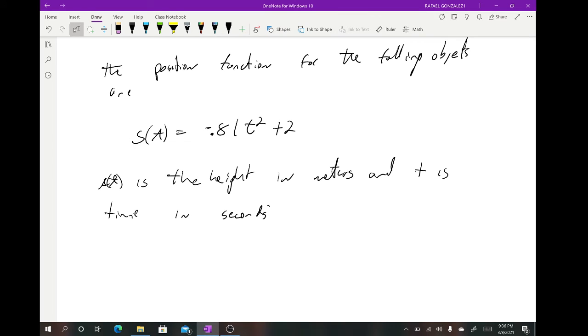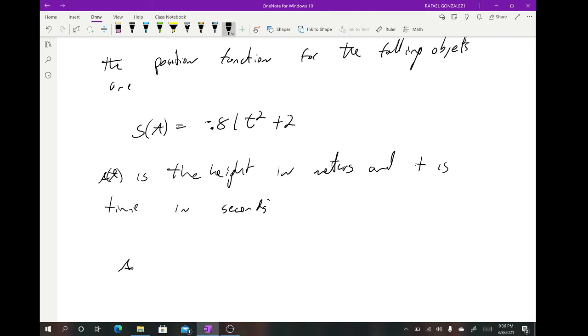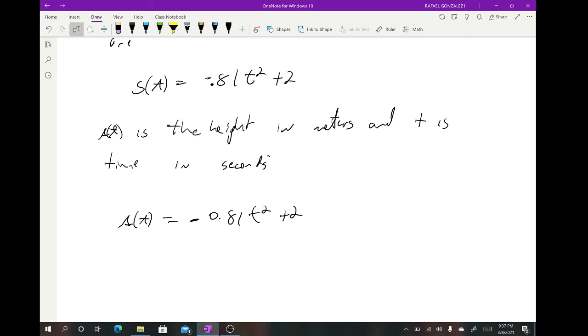Now, to find the acceleration, we just have to find the derivative of this position function twice. So if we wanted to simply find the acceleration of these two objects, we have this as their position function, so we just have to take this derivative twice. If you take the first derivative of s, you have 2 times negative 0.81 t plus 0 for the derivative of 2.